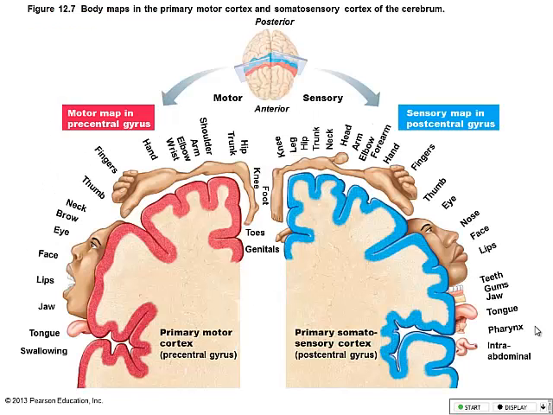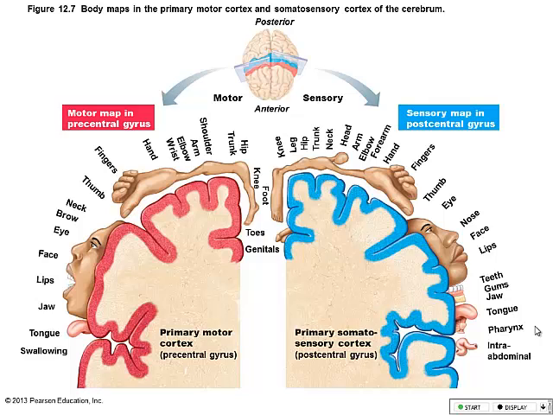This is kind of a cool diagram on page 435 because it outlines some of the different motor maps and sensory maps in those regions. So primary motor cortex is there, and those different areas control those different parts of the body. So the toes, the genitals in this region, the knee, the hand in this region, the neck, the brow.